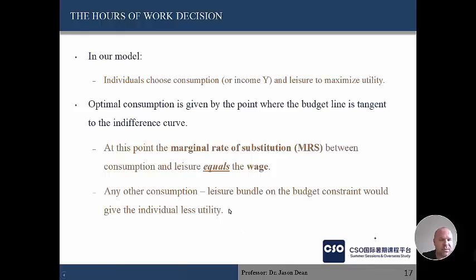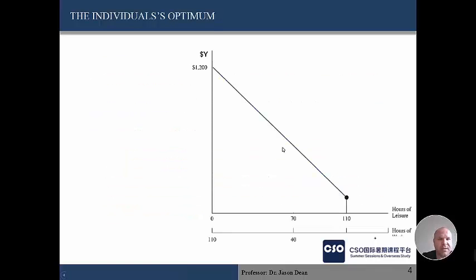At this point, as we'll see, it will measure the marginal rate of substitution. The slope of the indifference curve is the marginal rate of substitution. We'll talk about that in a moment. And at the optimum point, that is going to be equal to the wage. Any other consumption leisure bundle will not maximize the individual's utility.